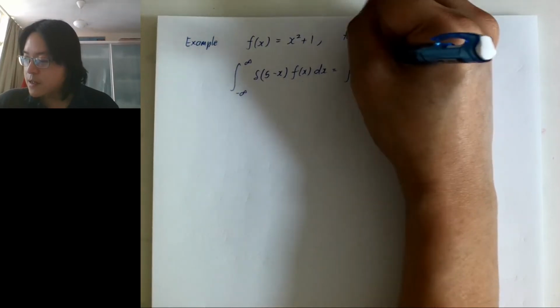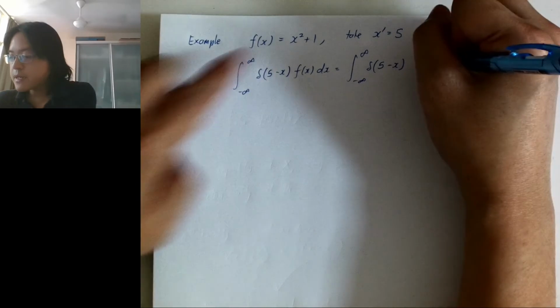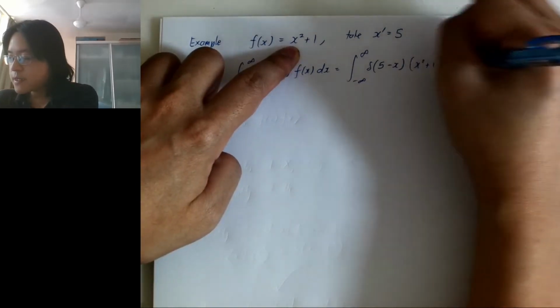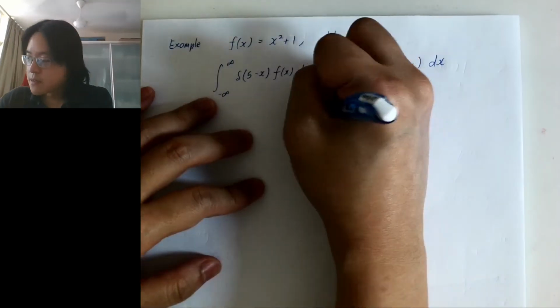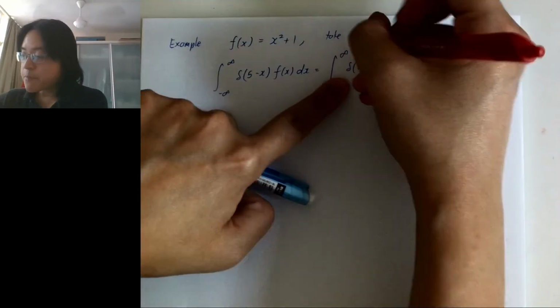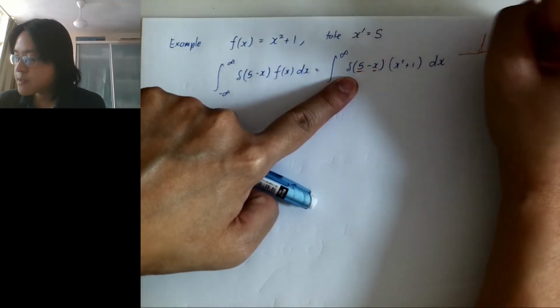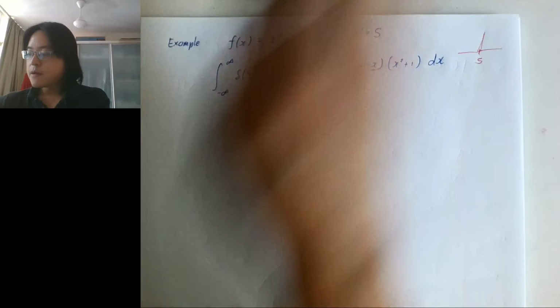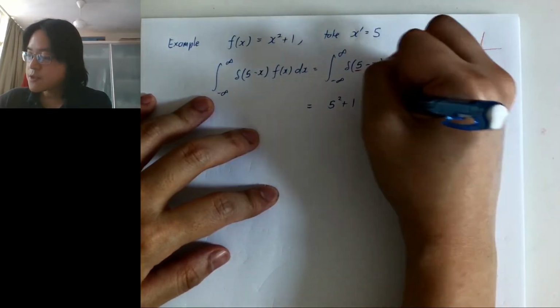My spike is at x equals 5, so this will tell me the answer at 5 squared plus 1, which is 26.